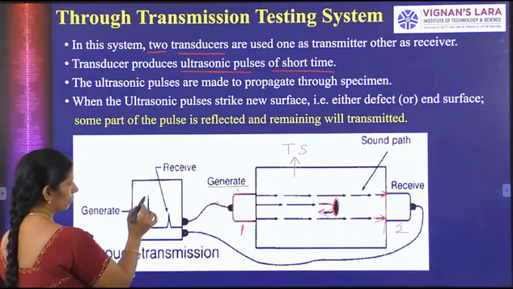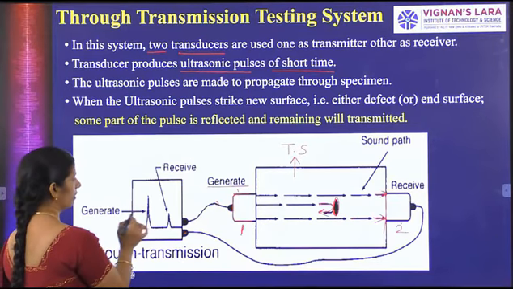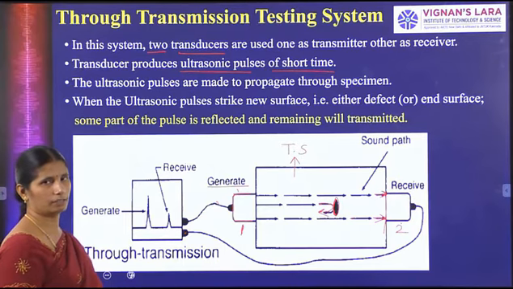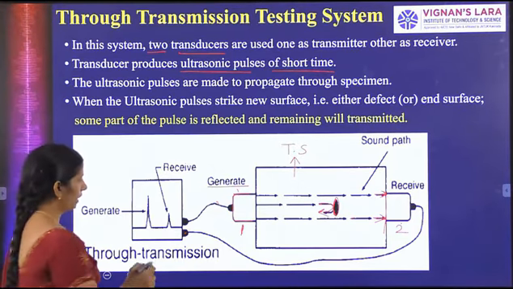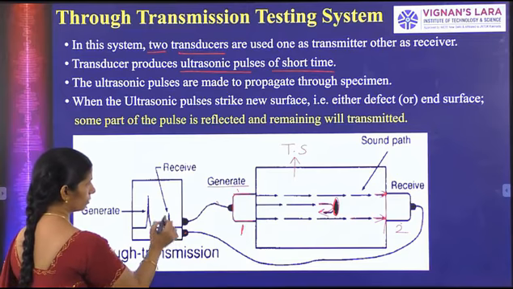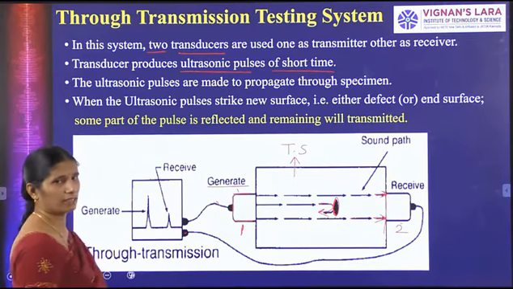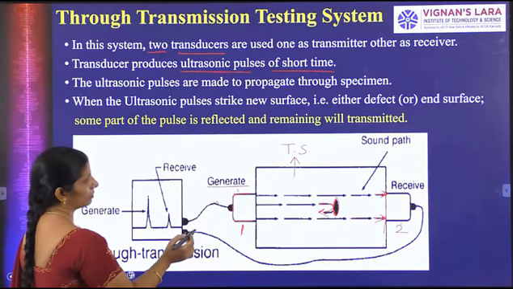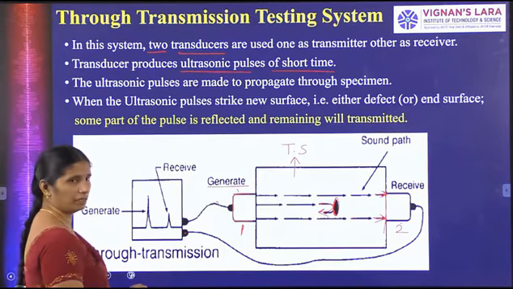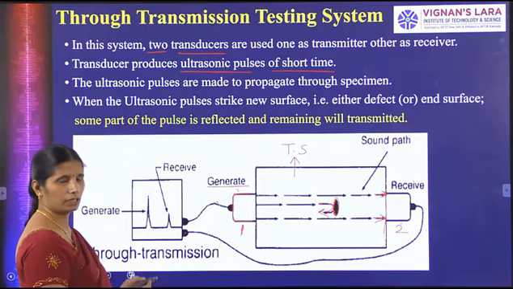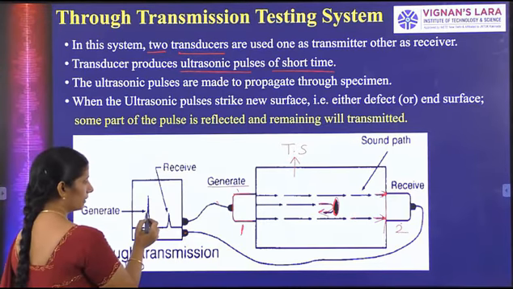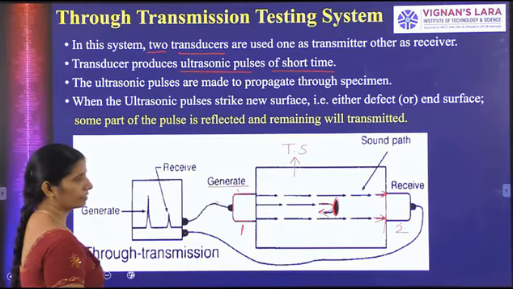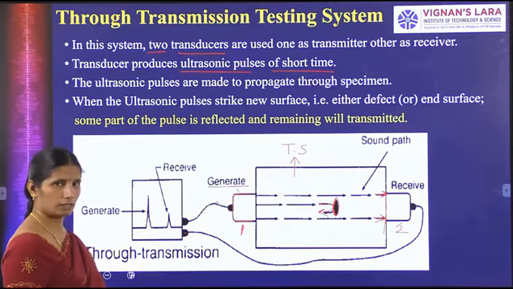In this CRO, the first pulse represents the generated signal, the initial pulse, and the next pulse shows the received ultrasonic signal. Using the time gap between the initial pulse and the received pulse, you can determine the thickness of the material.